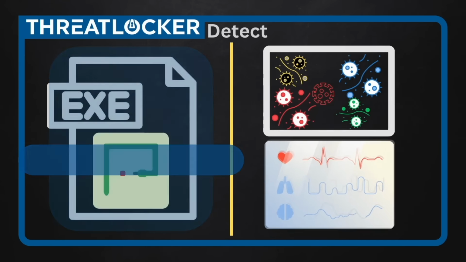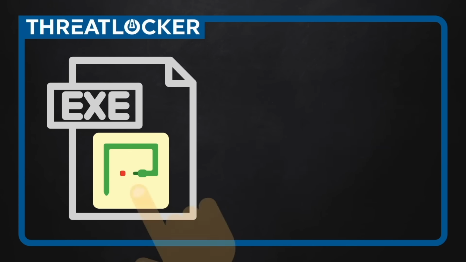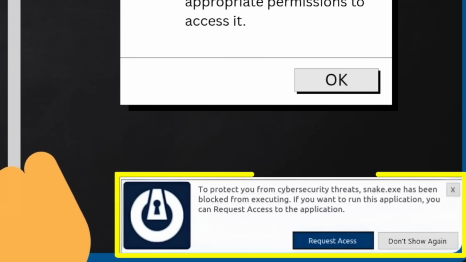So even if the game appears completely harmless, ThreatLocker will still block it from executing because it has not been explicitly approved. This way, our system remains secure without having to guess whether this file is a threat or not. We're simply blocking it from executing because it has not been explicitly pre-approved.